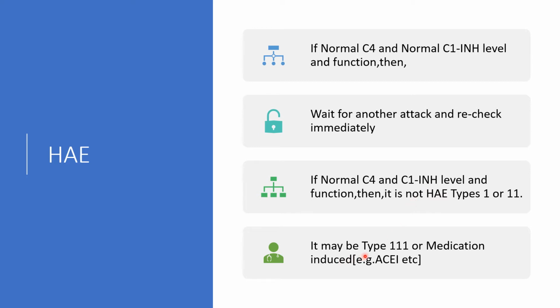It might be hereditary angioedema type 3, or it could be medication-induced. So, is this patient having diabetes and being placed on Ramipril, or hypertensive and being placed on an angiotensin-converting enzyme inhibitor? Find out.